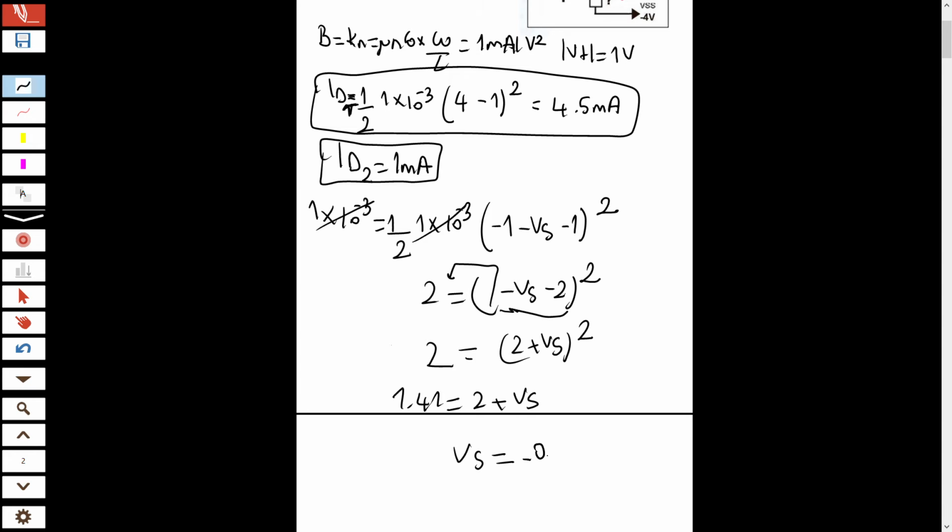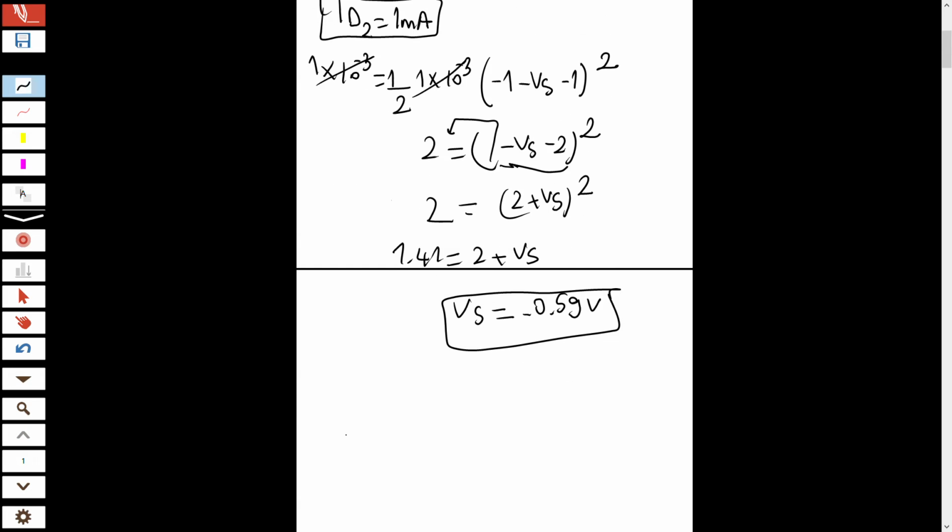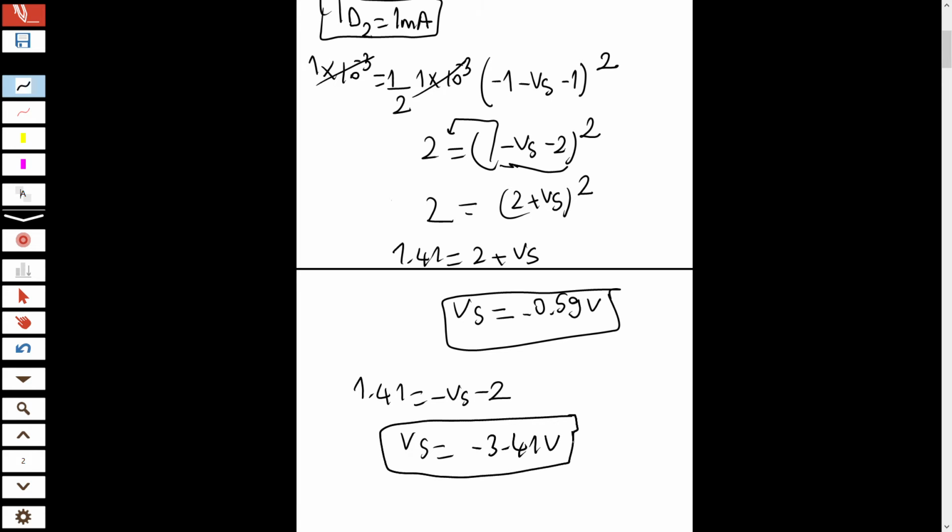V source here becomes minus 0.59 volt. The other term: 1.41 equals minus V source minus 2, so V source becomes minus 3.41 volts. Which one is correct? Let's think.